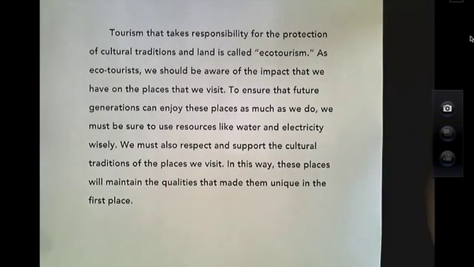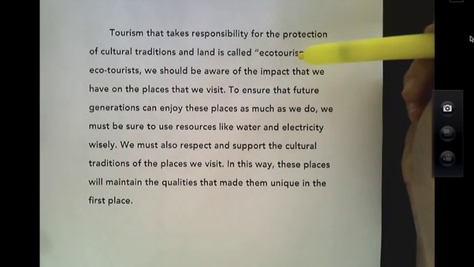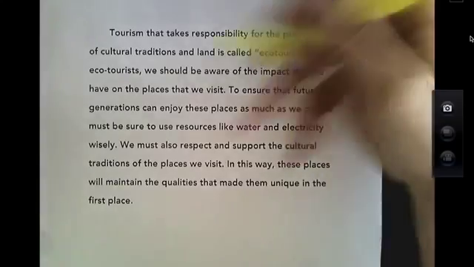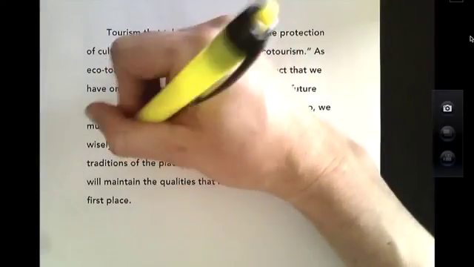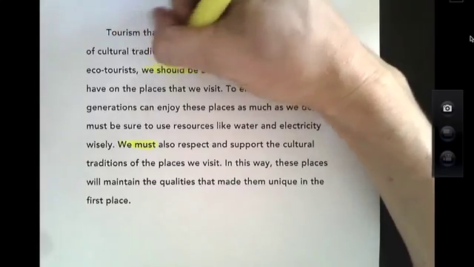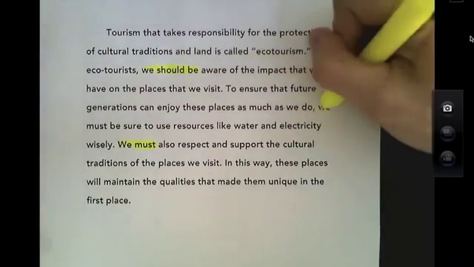I can see that the author's teaching us about ecotourism here, and so the author definitely wants us to learn something. However, I also see phrases like we must, we should be, we must be.